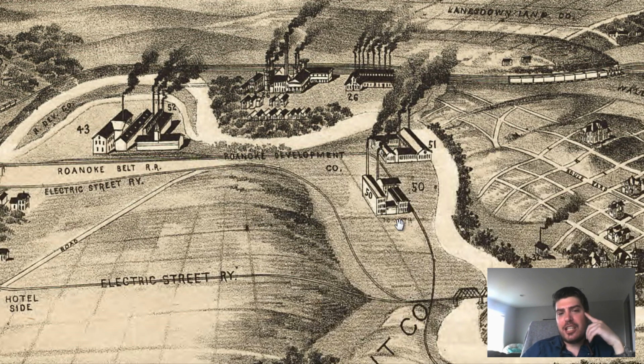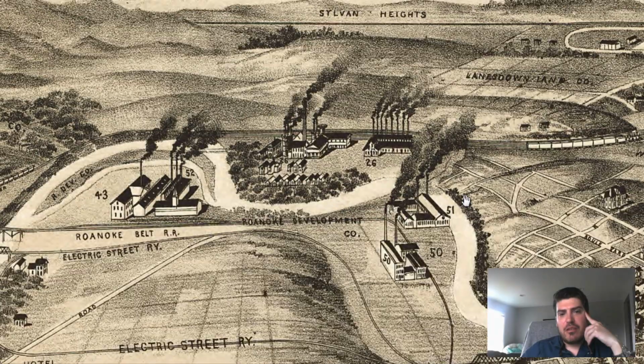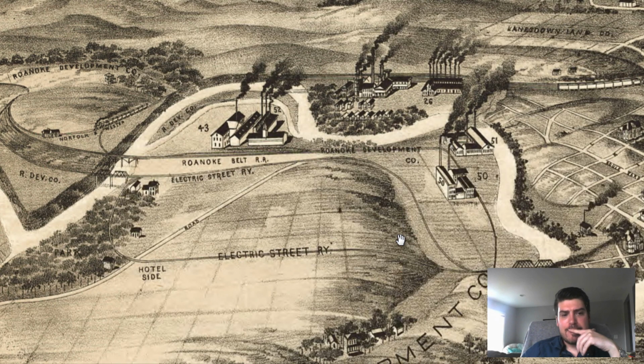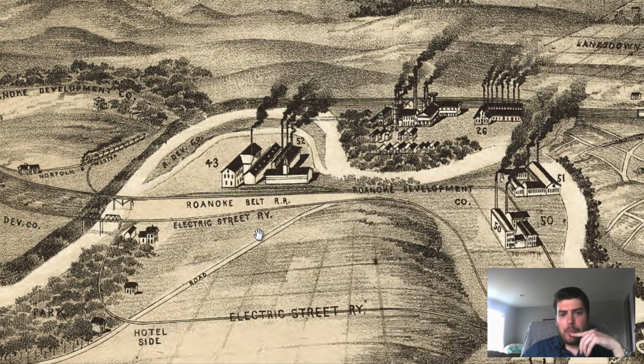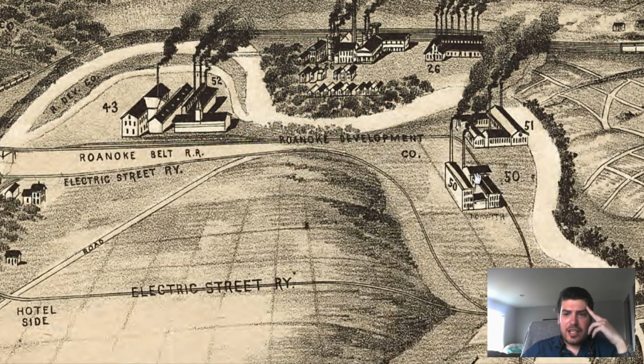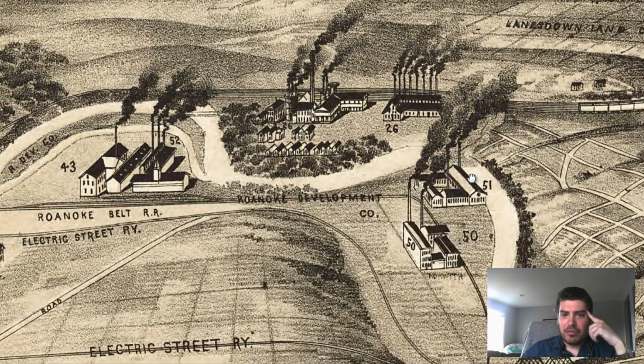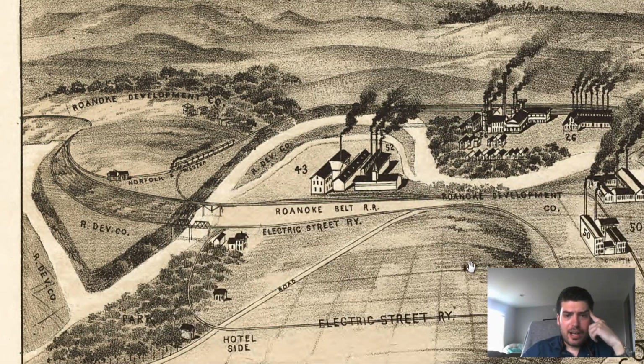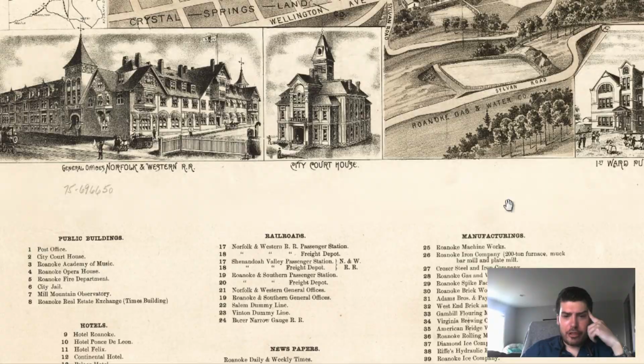And it's convenient that a hardware installation would be very close to an ironworks. Very close proximity. 43. And this is interesting, this is all by the river as well. If you recognize the need to cool down the iron, right next to a water supply. 43. Let's look up what 43 is.